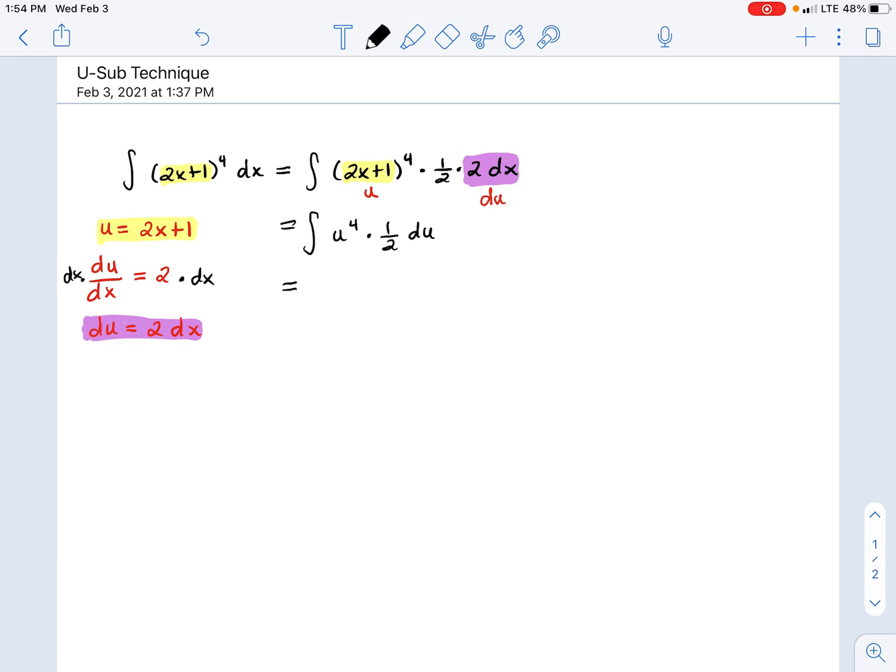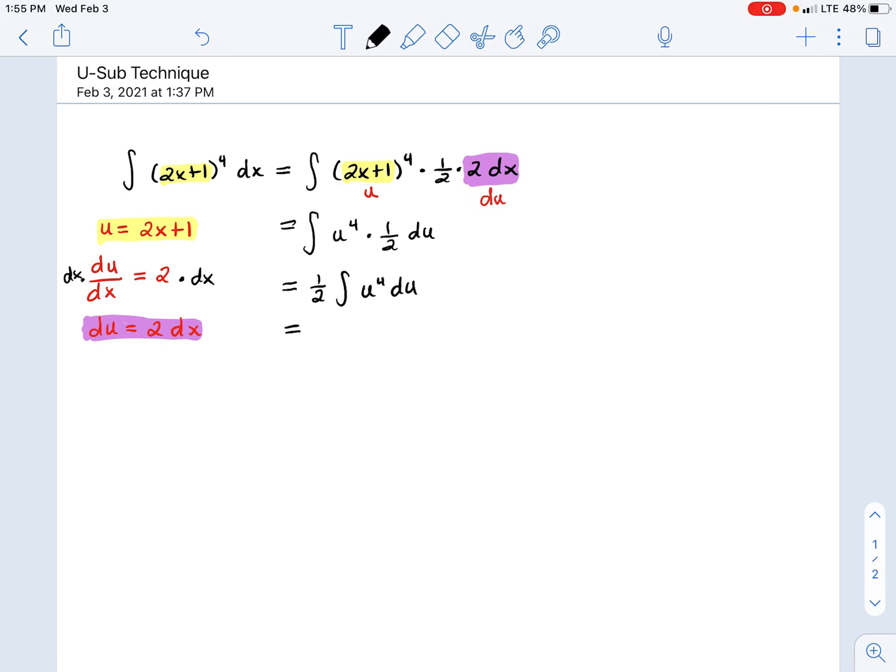Now I want to integrate this expression. I notice I have a function times a constant: u to the fourth times a number, 1/2. So I'm going to use my properties to pull out the constant times the integral of the function.